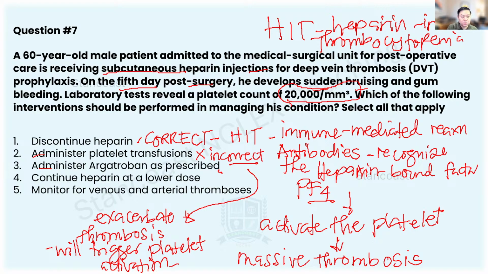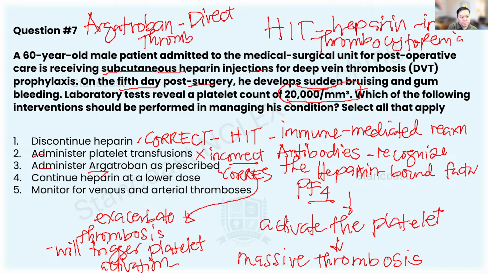So this is going to be a correct answer. Argatroban is going to be used instead of the heparin. This is what we call the direct thrombin inhibitor.